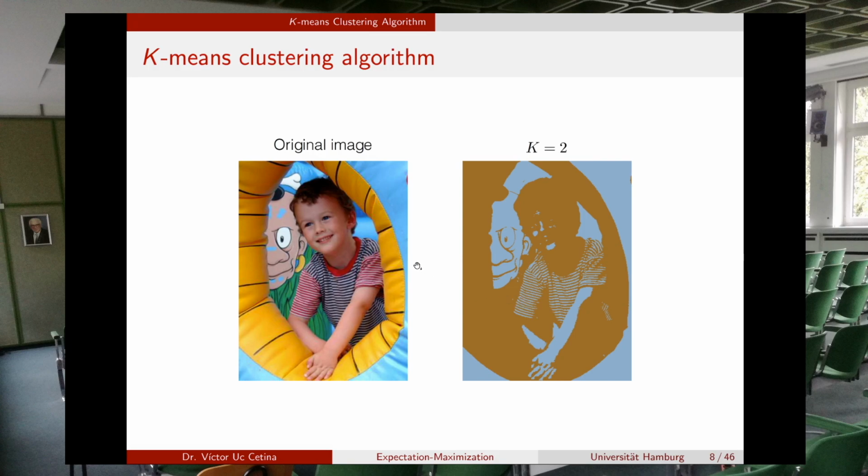If you remember, you can represent each of the pixels as a vector in dimension 3 that will contain the amount of red, green and blue that the pixel contains.